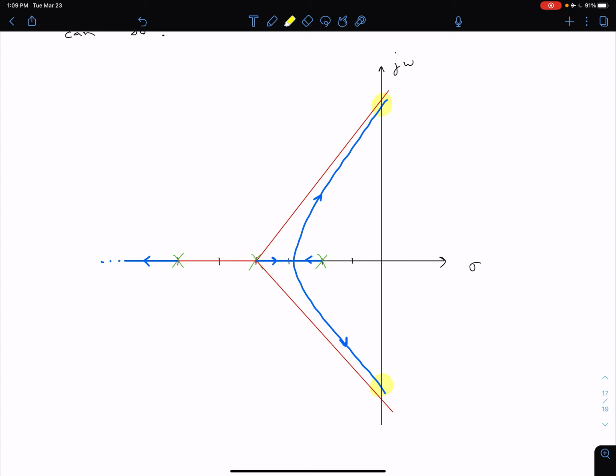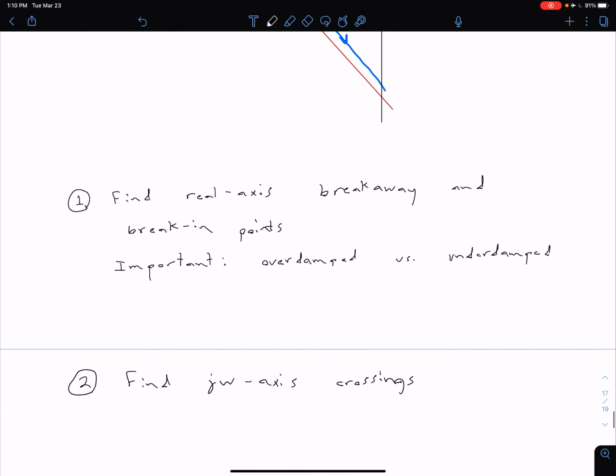And so again, we ask ourselves, why is this important? Well, we know anything over in our right half plane is going to be unstable, and anything in our left half plane is going to be stable. So by figuring out the gain and other values that correspond to those j omega crossings, we can figure out the threshold between stability and instability. So let's come down here and write that explicitly.